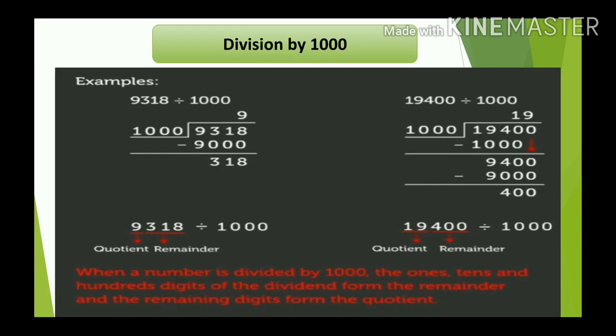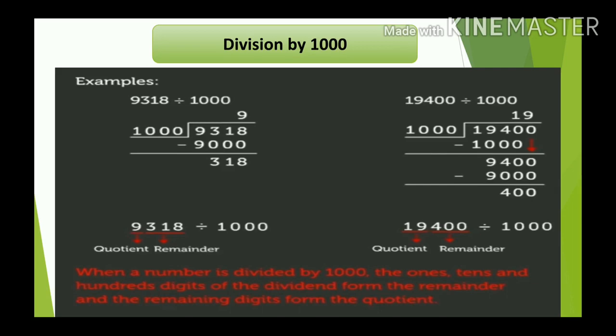Again in this example, 19,400 divided by 1000. When you divide 19,400 by 1000, you will get 19 as the quotient and 400 as the remainder.